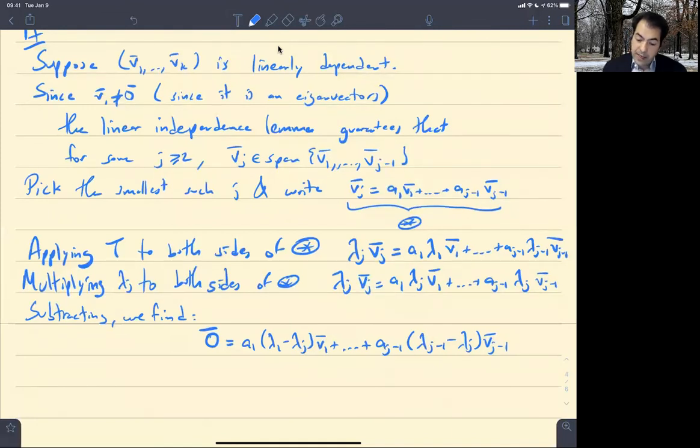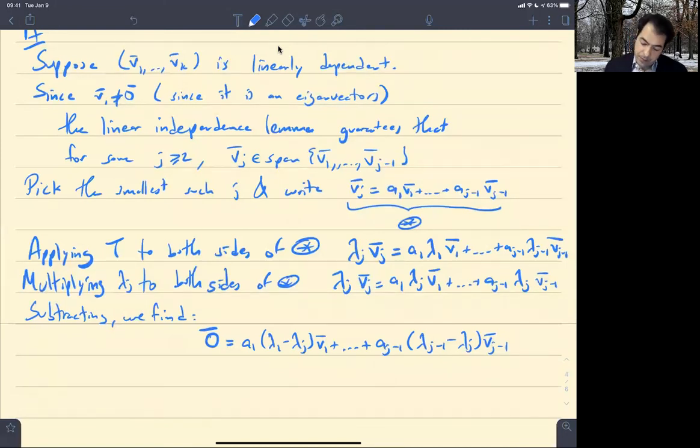But now, since vj is the first vector that can be written as a linear combination of the previous ones, that means that the previous ones have to form a linearly independent set.